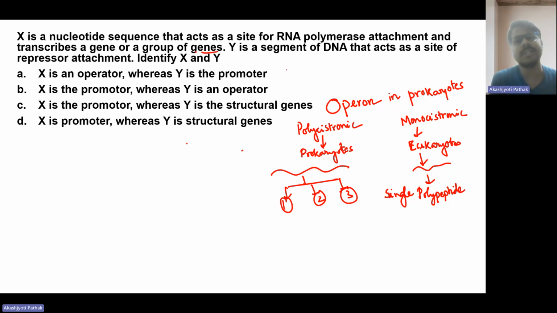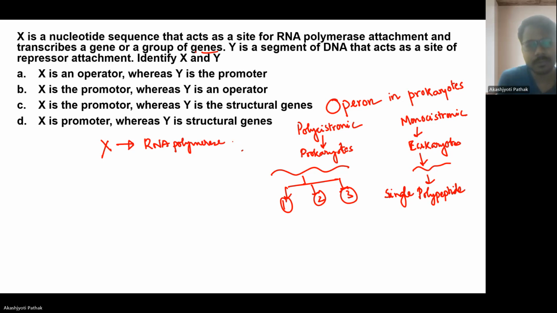Y is a segment of DNA that acts as a site for repressor attachment. So you have to identify X and Y. X is a sequence of DNA where the RNA polymerase will bind, and Y is a DNA sequence that is a site for attachment of repressor protein.